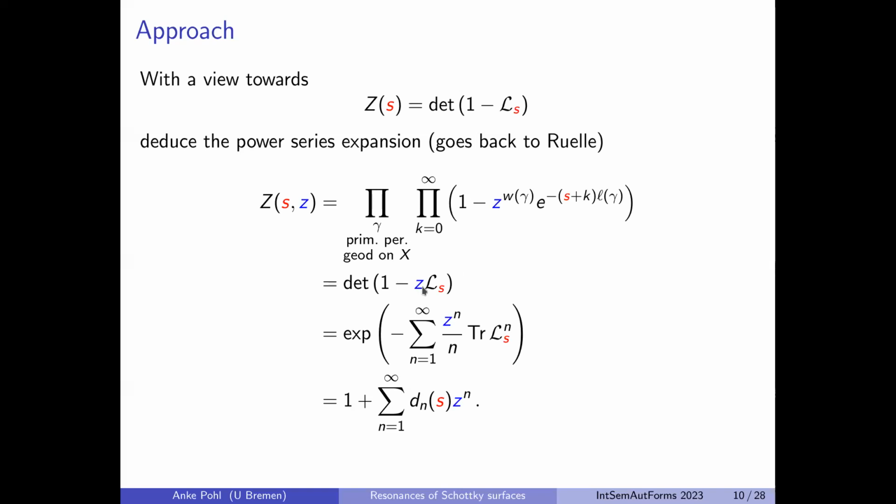Then it is the same as the Fredholm determinant of our transfer operators multiplied with this Z, which goes by essentially the definition of Fredholm determinants into this formula of exp minus the harmonic sums of the trace with the Z^n in here. And this you can expand with the exponential power series again into something which looks like this, and these d_n's just come about. They're just the coefficients which you have in here.